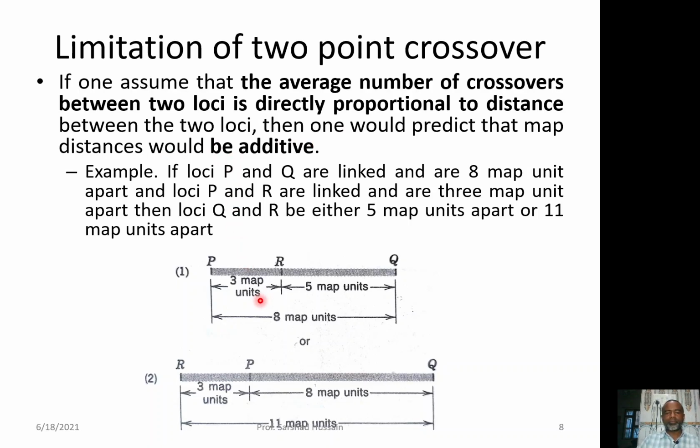Say, for example, between P and Q the crossing over frequency is 8 map units, and between P and R the crossing over frequency is 3 map units. So, the crossing over frequency between R and Q would be 5 map units, because if you deduct 3 units from the 8 units, the result will be 5 map units.